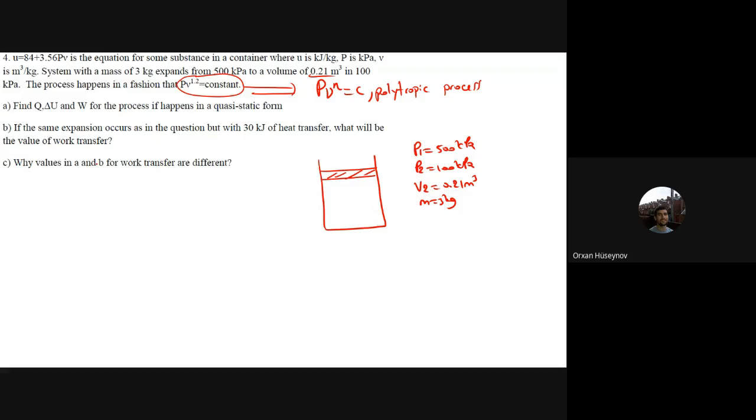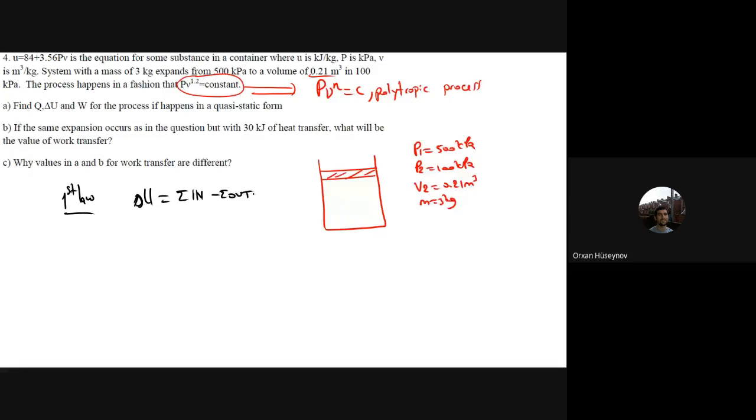Okay, now let's solve it. Firstly, I will write the first law for the process. The first law says that the change of internal energy of the system is equal to the total in minus total out.